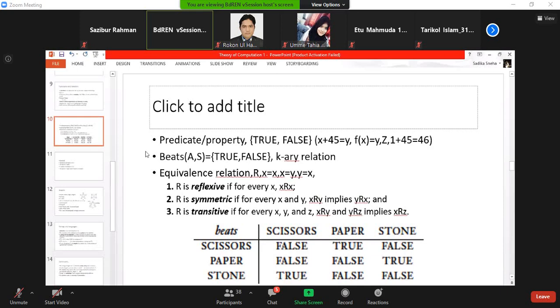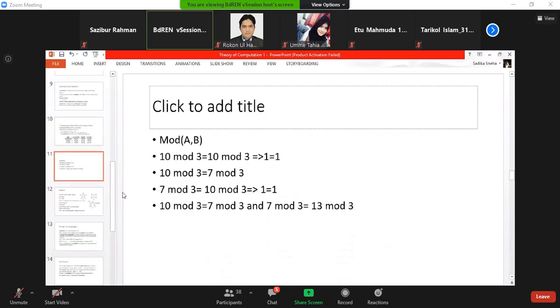That is transitiveness, and if transitiveness is true, that means they are equivalent. So we have 10 mod 3 and 7 mod 3, which were equal, and 7 mod 3 equal to 13 mod 3.